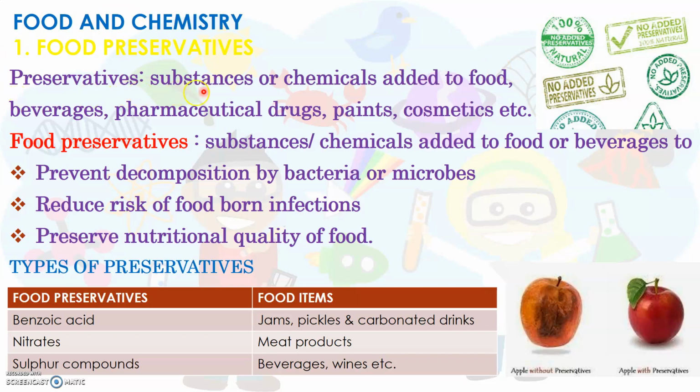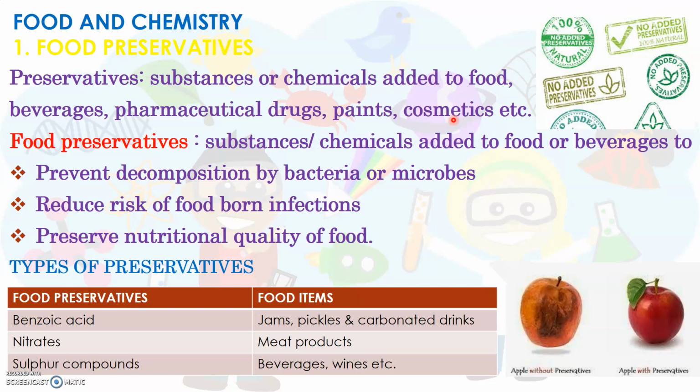A preservative is a substance or a chemical that is added to products such as food products, beverages, or pharmaceutical drugs like medicines or paints, cosmetics, and many other products in order to prevent the growth of microorganisms or to prevent any chemical change that is not favorable.